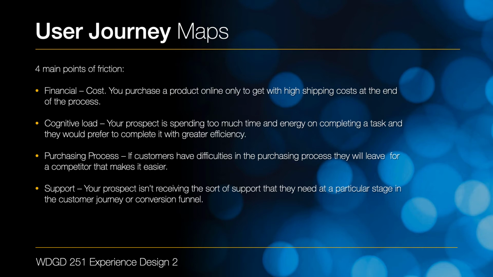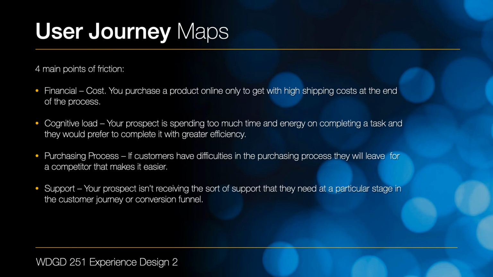The purchasing process. If the customer has difficulty in the purchasing process, they will leave for a competitor that makes it easier. So if the whole process of trying to purchase something online is complicated or not clear, or you thought you filled in the form right and you hit next and it said you've got to fill in all the form fields and you can't find the form field that wasn't filled in, that's a purchasing process issue.